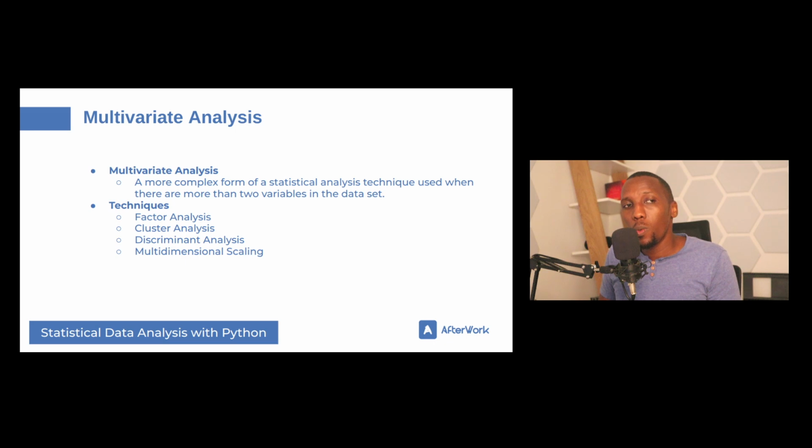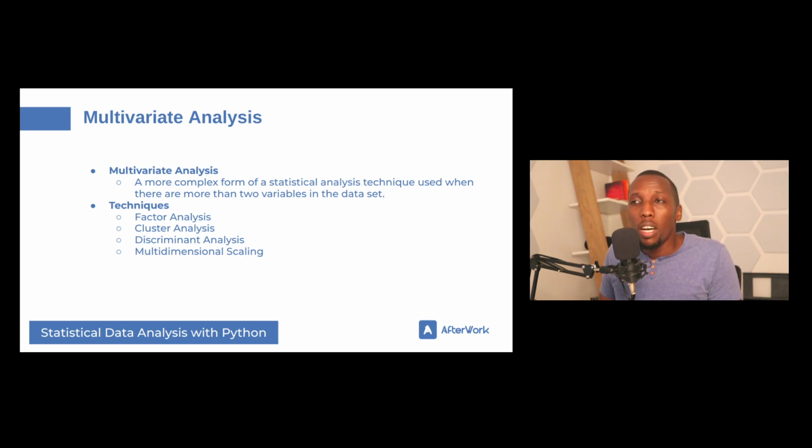If we have a bigger data set and we want to represent multiple variables using a few lesser variables, say a data set with 100 columns that we want to represent with maybe 10 variables instead of the 100, then we can perform multivariate analysis to be able to do that.